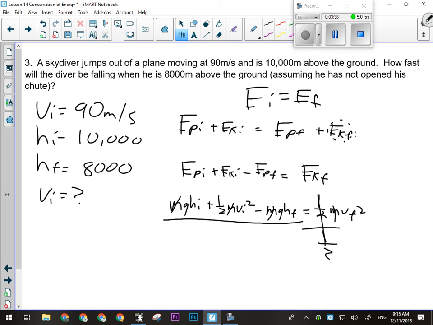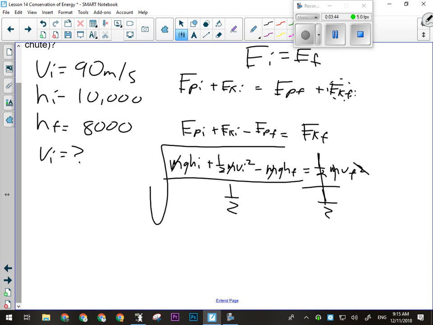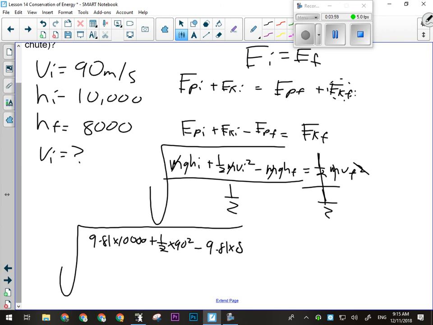It's basically the same thing we did in our quiz a few minutes ago, and then we square root. When we're plugging in our numbers here, we are going to have some big numbers: 9.81 times 10,000 plus 1/2 times 90 squared minus 9.81 times 8,000, divided by 1/2.